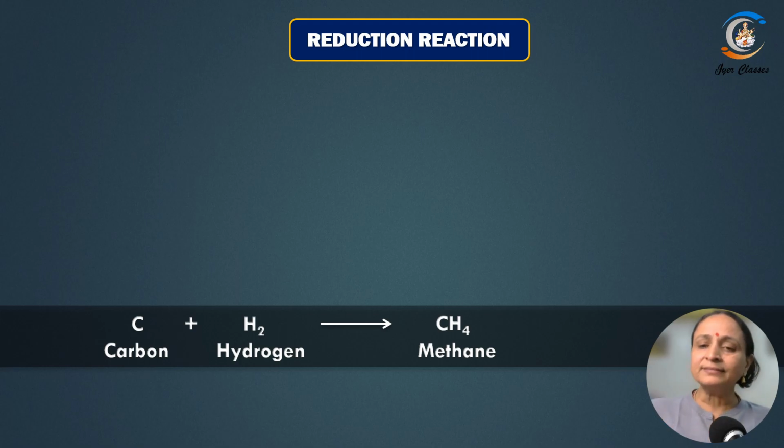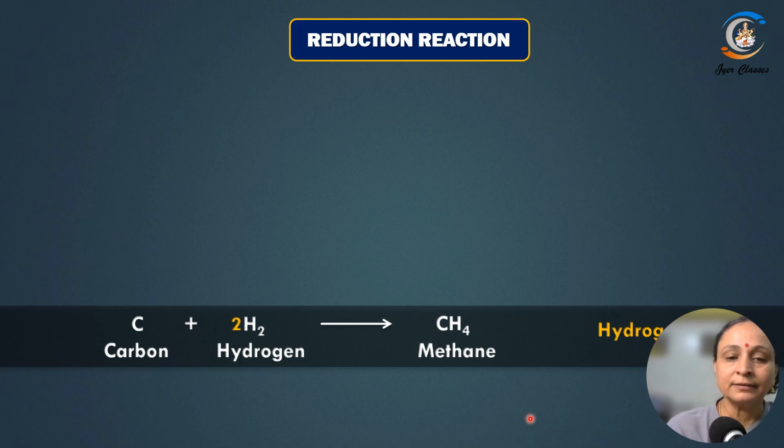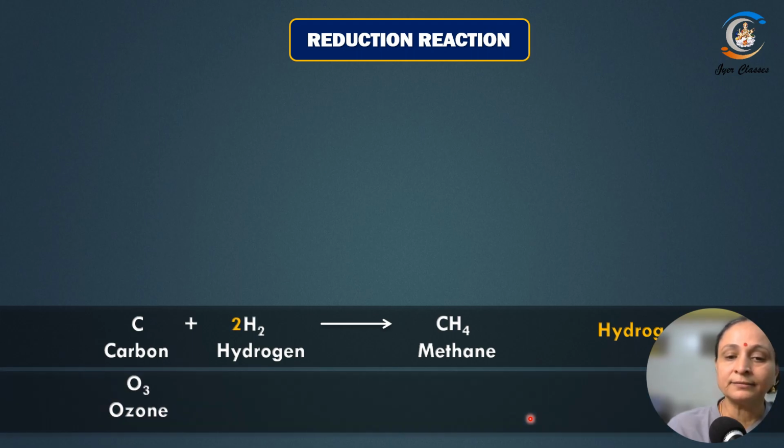It happens under certain conditions. So what have you done? You have added hydrogen to carbon, so you get methane. Balancing is necessary: 2 hydrogen and you get methane. This can be done.